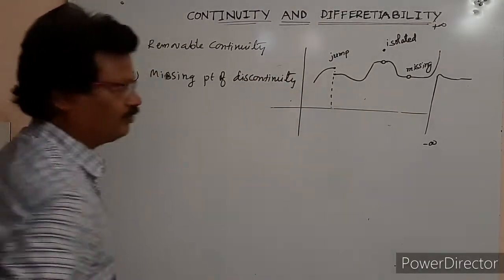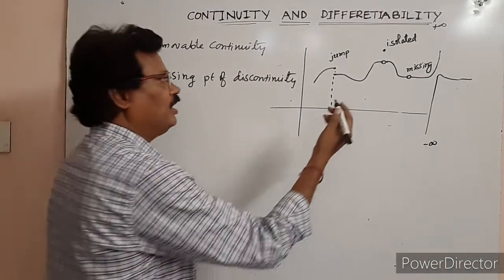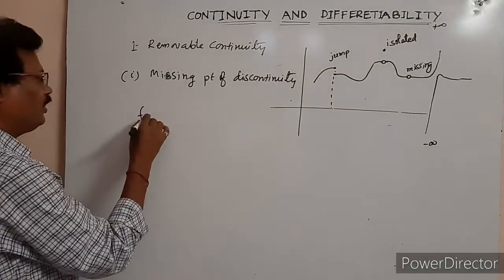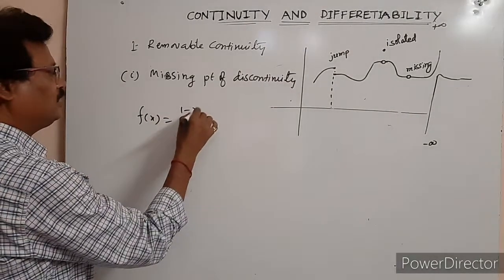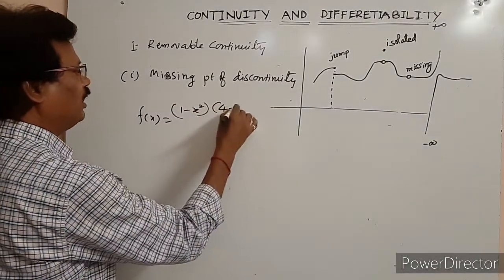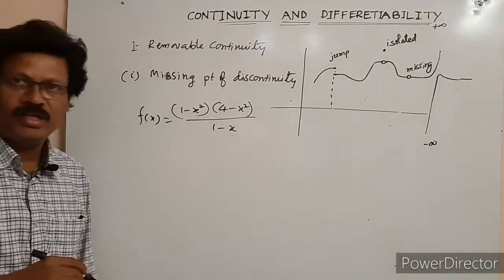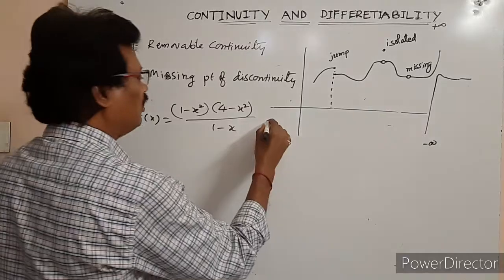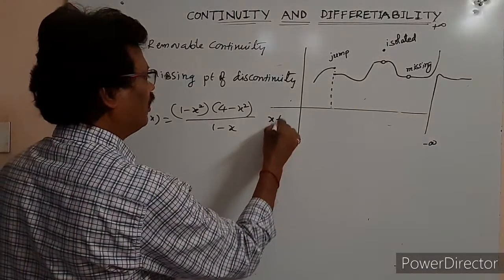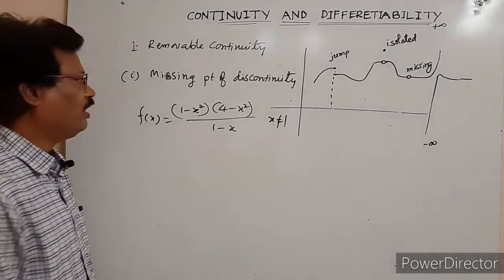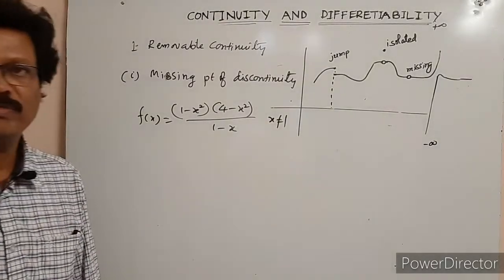Now see here, missing point of discontinuity means the function is not defined. For example, f of x is equal to (1 minus x squared) into (4 minus x squared) by (1 minus x). Now this function is not defined at x equal to 1. How do we check continuity at x equal to 1?